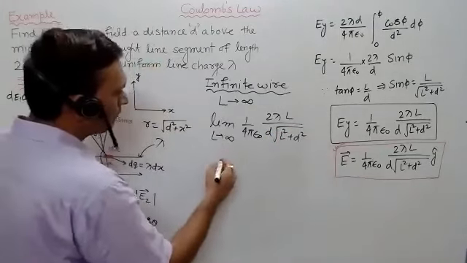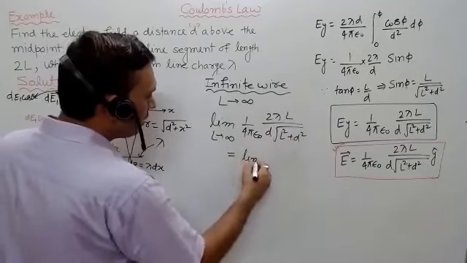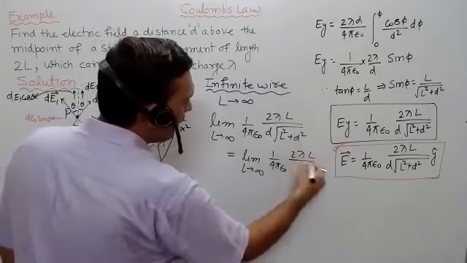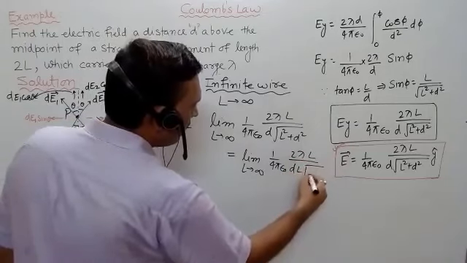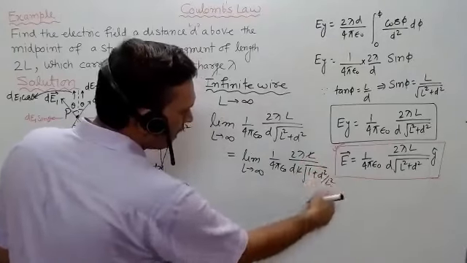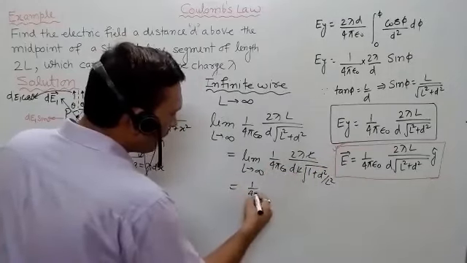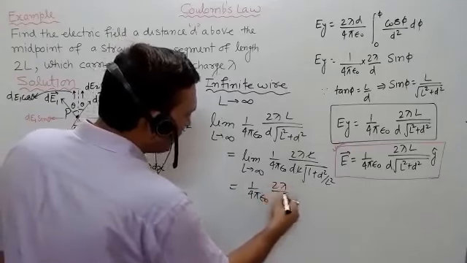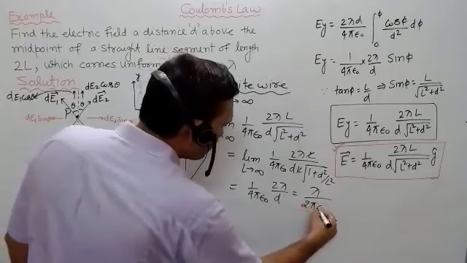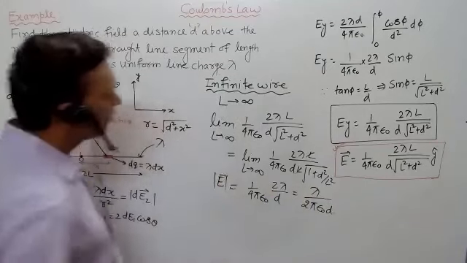How to solve this? Take L square common. So this is limit L tends to infinity of 1 by 4 pi epsilon naught twice lambda L by D L times root of 1 plus D square by L square. So the L will cancel out and this term will tend to 0 when L tends to infinity. So the final result will be 1 by 4 pi epsilon naught twice lambda by D, or that is lambda by 2 pi epsilon naught D. This is the electric field due to an infinite wire.